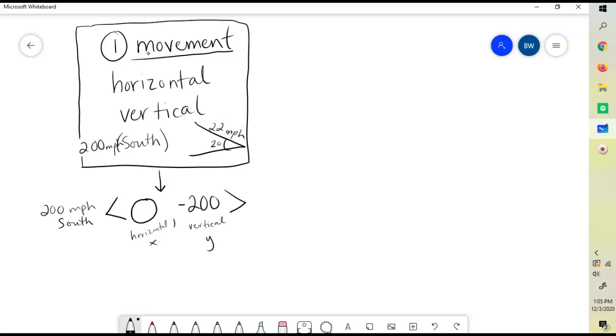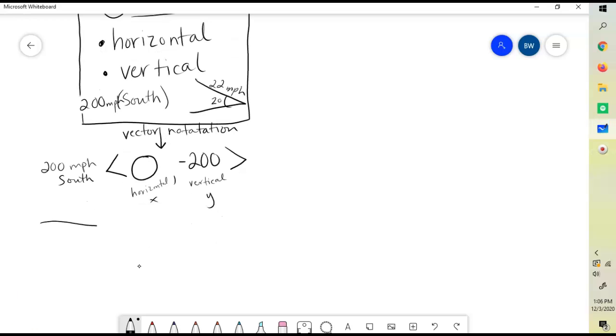So for every phrase you're given, you're going to be tasked with describing the horizontal movement of it and the vertical movement of it in vector notation. So go ahead, if you have not written all of this quite yet, pause the video and catch up. So that is one way that movements are going to be described to you, with these north, south, east, west.